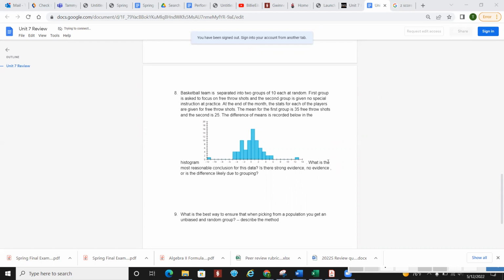Okay, so what do y'all think? The mean for the first group is 35 and the second is 25. Now the first group practiced free throws. The second group was given no instructions. So they could practice free throws, they could not.